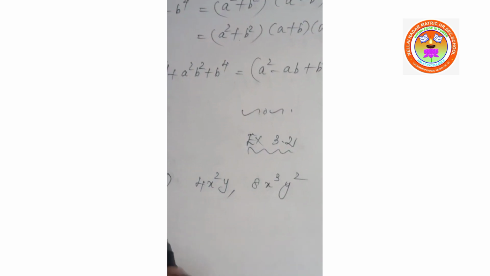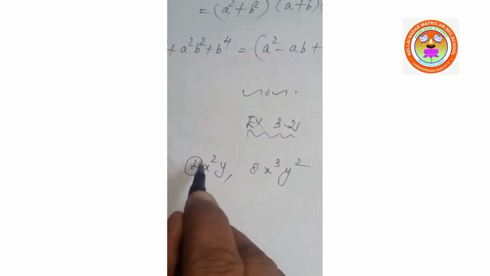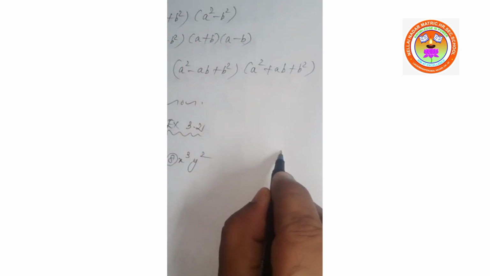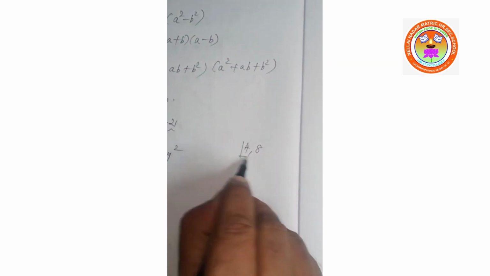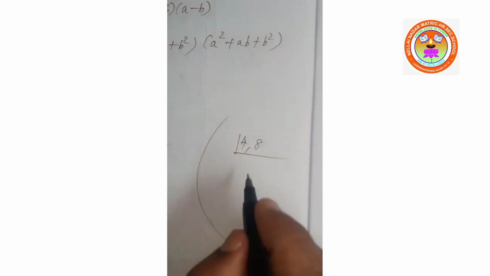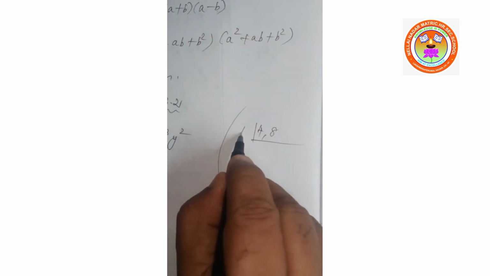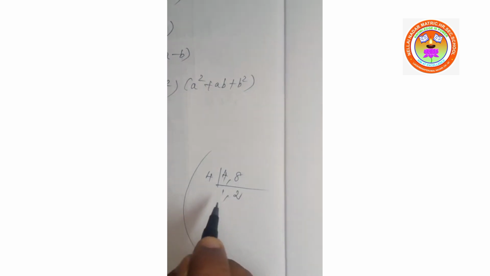In that case, we are not going to apply these identities and all. Very simple only. You take a 4 and 8. Take the LCM for 4 and 8. This method already I have learnt in the lower classes. 4 and 8 can be divided in 4 table, isn't it? Can go for 4 table. 1 time and 2 times.